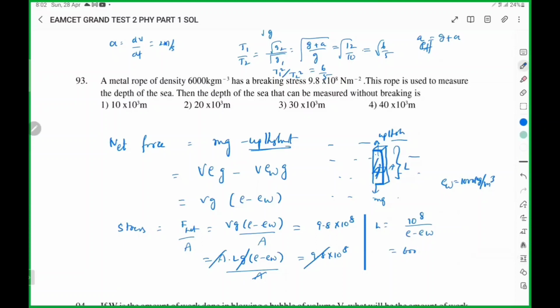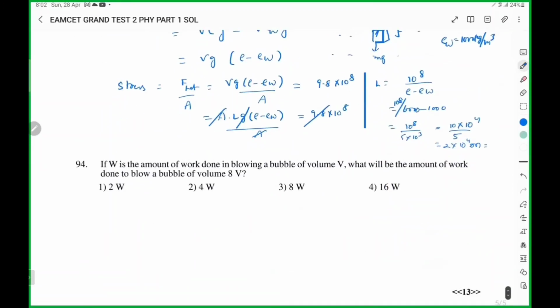So 10 power 8 by 5 into 10 cube, which is 2 into 10 power 4 meters. That is 20 into 10 cube meters, which will be the depth of the sea.